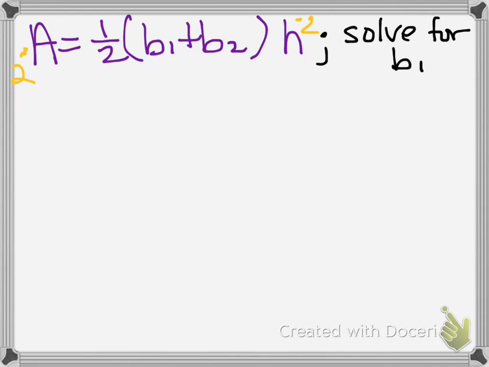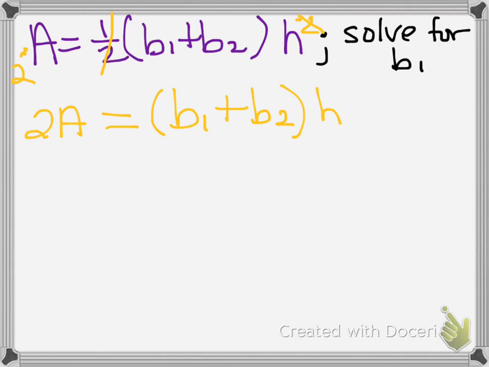On the left, 2 times a is 2a. On the right, 2 times 1/2 is 1. So the 1/2 and the 2 cancel, and we're left with the quantity of B1 plus B2 times H.